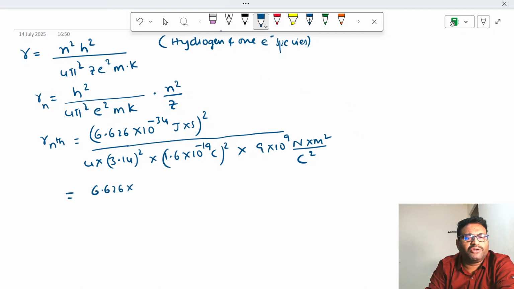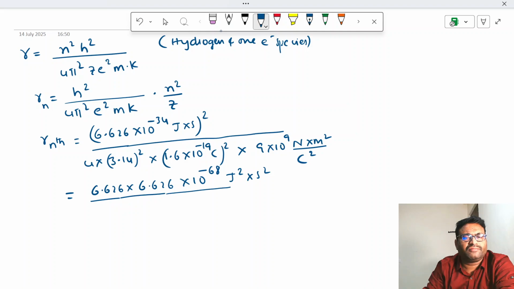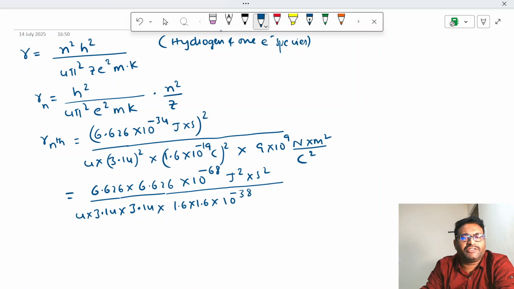6.626 into 6.626 into 10 power minus 68 joule square second square units, by 4 into 3.14 into 3.14 into 1.6 into 1.6 into 10 power minus 19 to 38 coulomb square into 9 into 10 power 9 Newton meter square per coulomb square.